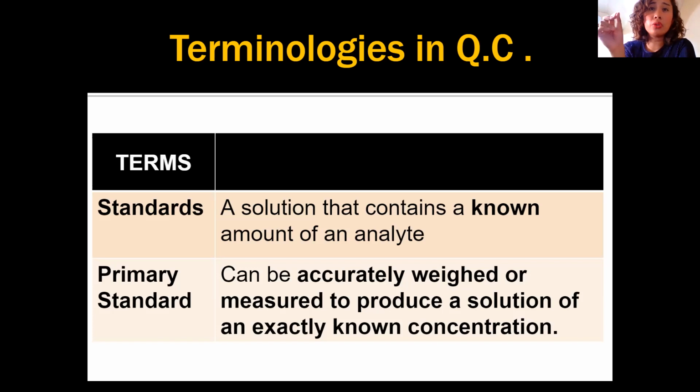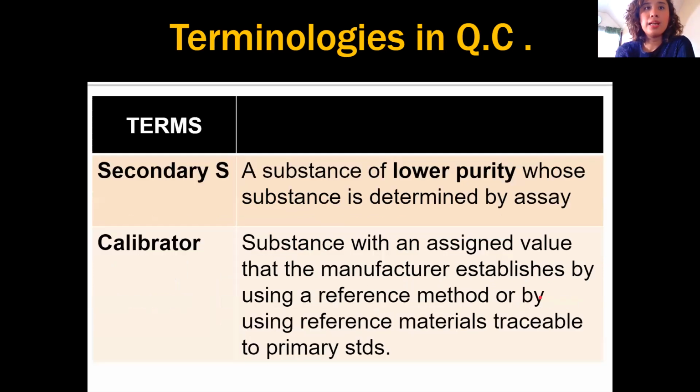Yan. A solution that contains known amount of an analyte. Anyway, so basta yun ang standard. So primary standard can accurately weigh or measure to produce a solution of exactly known concentration. So dalawa sa laboratory ang alam mong concentration, your controls and also your standard. So secondary standard, substances of lower purity whose substance is determined by the assay calibrator or control. Yan.